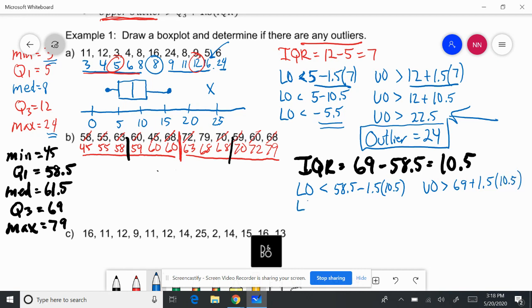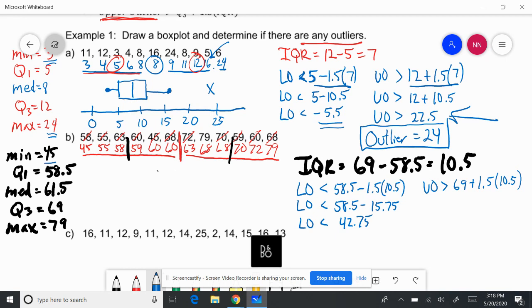Now we're going to take out our calculator and figure out what this is. If we take the 1.5 and multiply it by the 10.5, that gives us 15.75. And when we subtract it, it gives us 42.75.